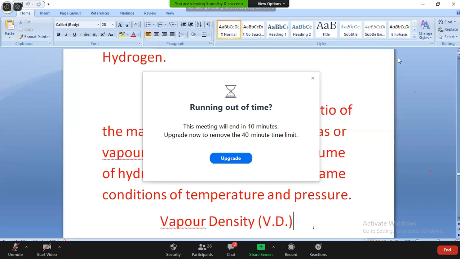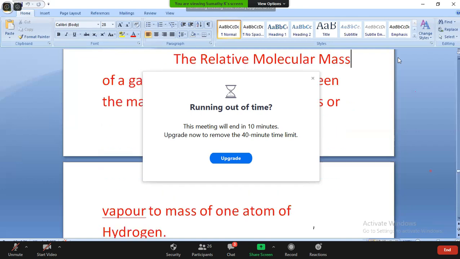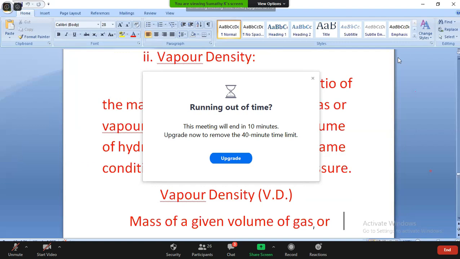In the first one, it is the mass of one molecule of the gas; here, the mass of one atom. Here, a certain volume of gas. We can take one or two volumes of gas or vapor, and it will be the mass of an equal volume of hydrogen. This is the vapor density.